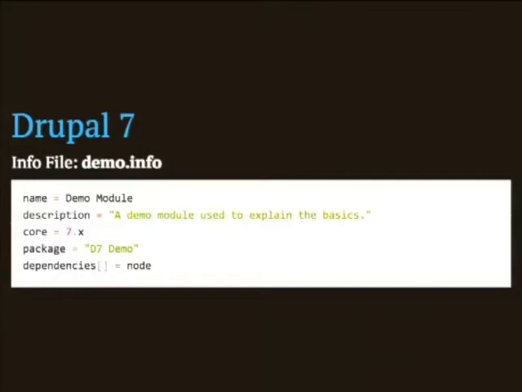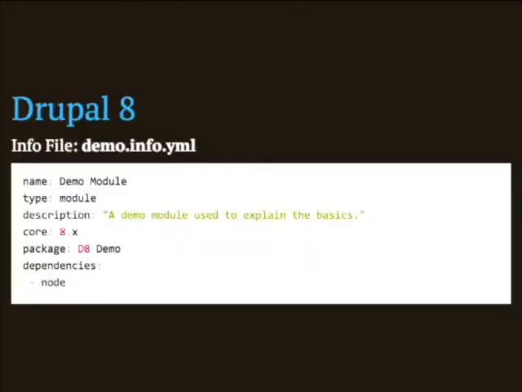If we look at the structure of a .info file in Drupal 7, this is the first thing that you'll set up when you're starting a module. In this case, we have a short version of setting up an array where we have name equals demo module, and then here's a description. Here's the version of core, here's its packaging, and then here's an array that we're defining of dependencies, and there may be a number of dependencies. And when we look at the variant to that in the new system, it's really similar, but it's a demo.info.yml file.